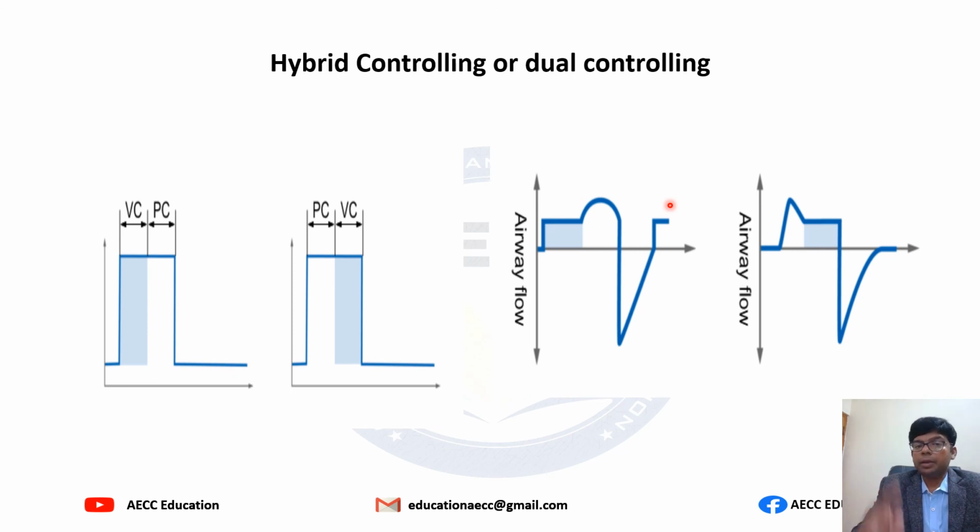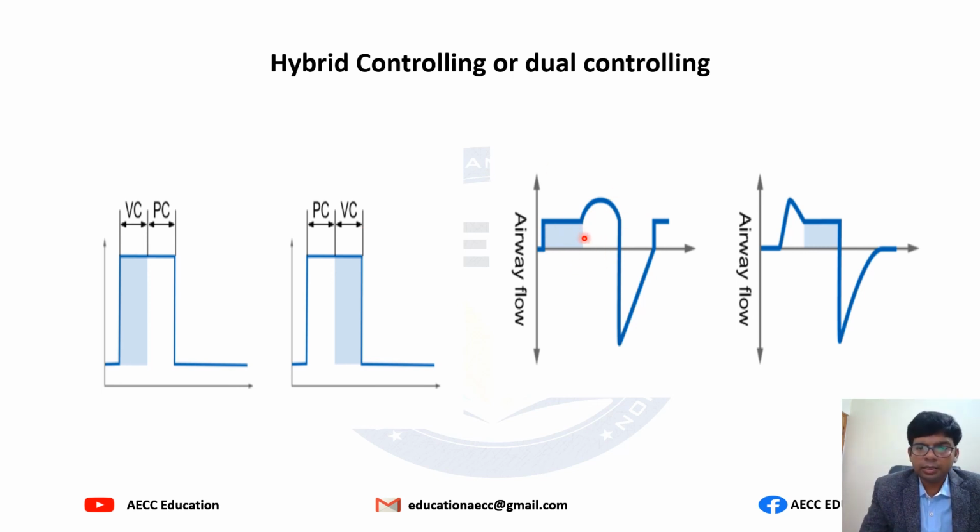In case of the hybrid or dual controlling, the change occurs within the breath. There is intra-breath, not inter-breath change. In this, the first half of the inspiratory flow is volume control and the other half is pressure control, or the first half is pressure control and the other half is volume control, like waves, one of the modes.